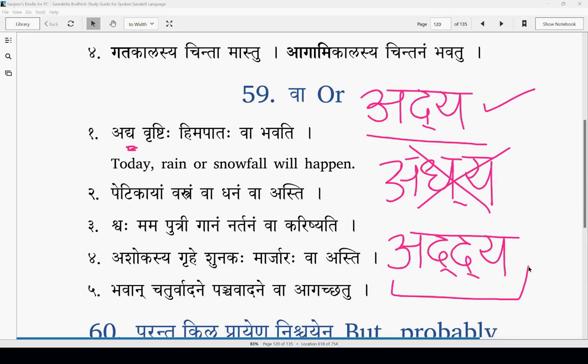And we'll come across such words in many places where there is a sanyuktakshara, meaning a combination of two vyanjanas, two consonants, followed by a swara at the end.